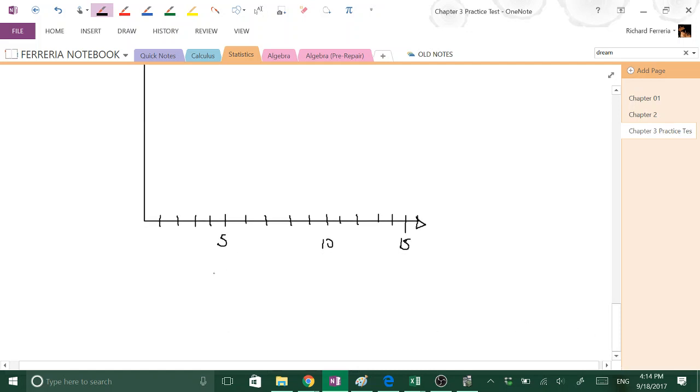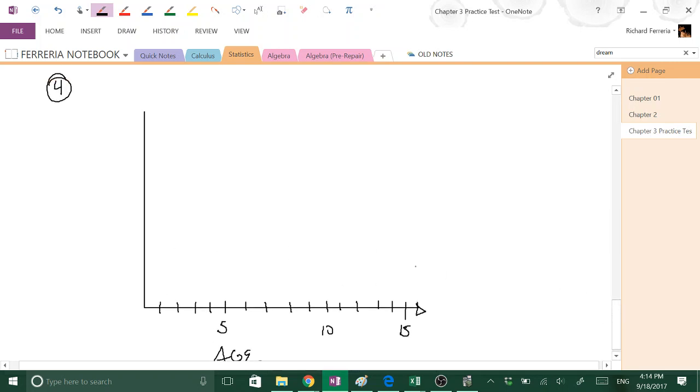So this is age across the bottom. This is weight in kilograms.